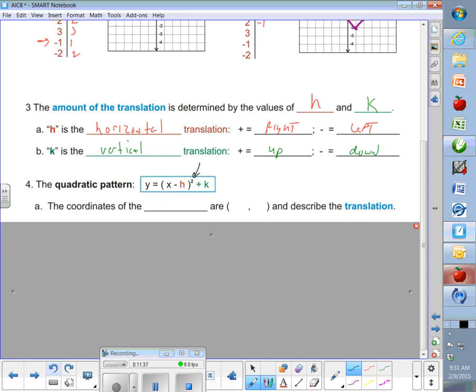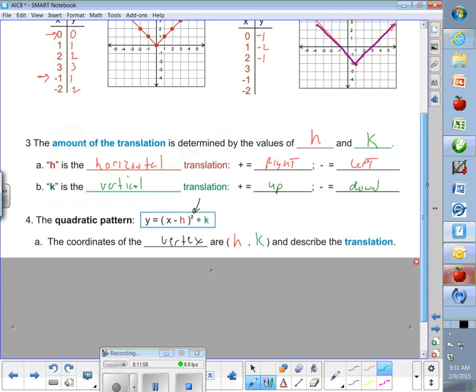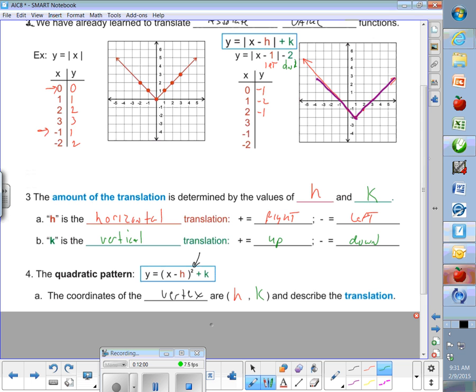So in this, the coordinates of the vertex, and I'll show you what that is in a moment when we get to the next page, but the coordinates of the vertex are HK. By the way, this was the same with the absolute value. Look back up to the second example here on the right. The vertex of our absolute value, isn't it at 1, negative 2?